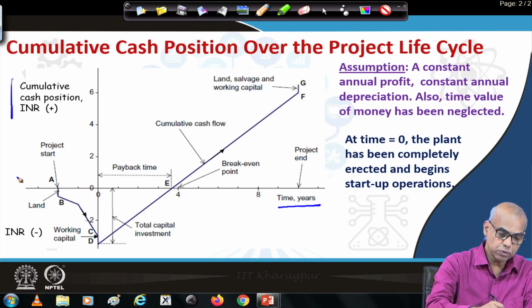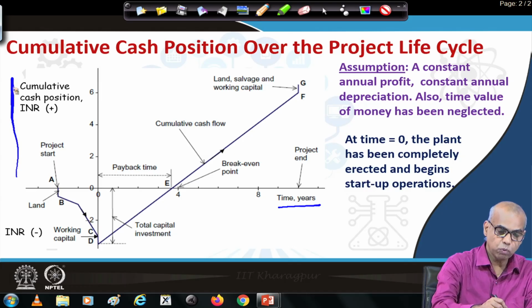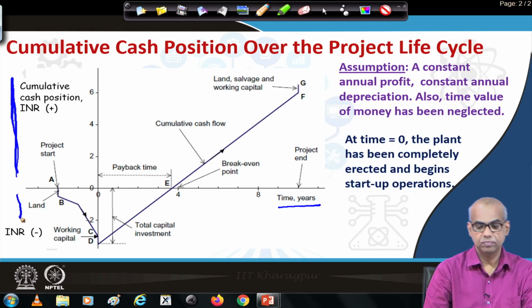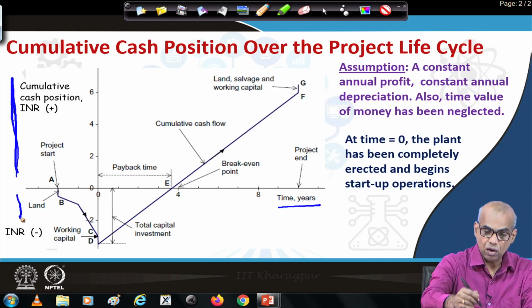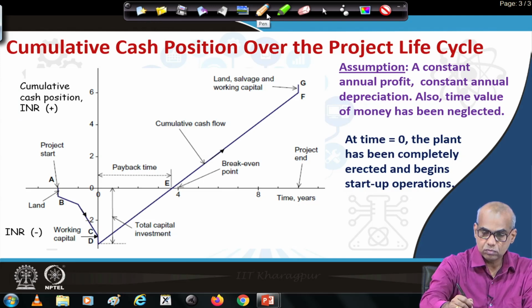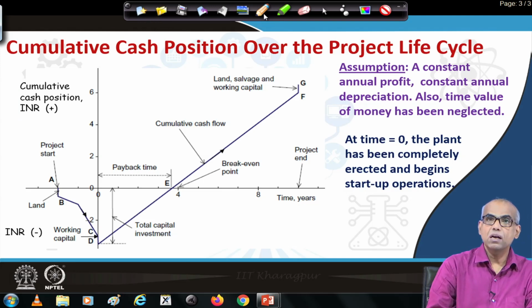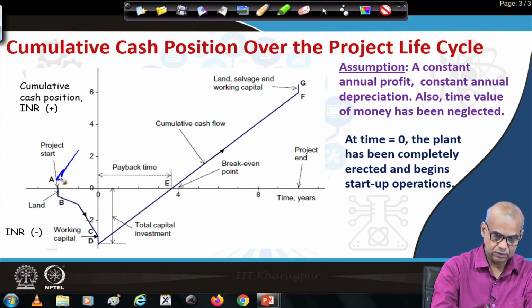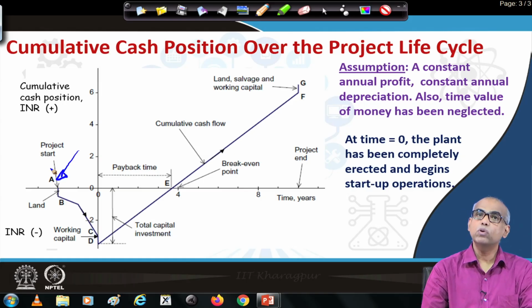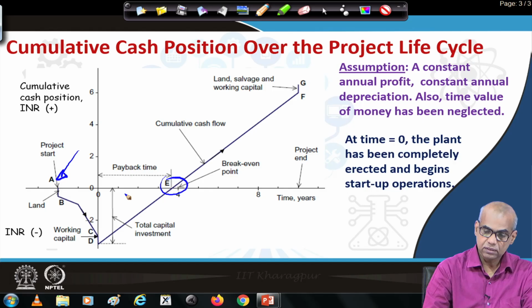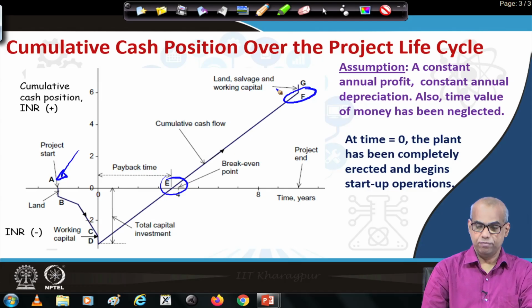Note that the cumulative cash position takes both positive value as well as negative value. The project starts at the point A and goes to different stages from A to B, B to C, C to D, then E, then finally ends at F.